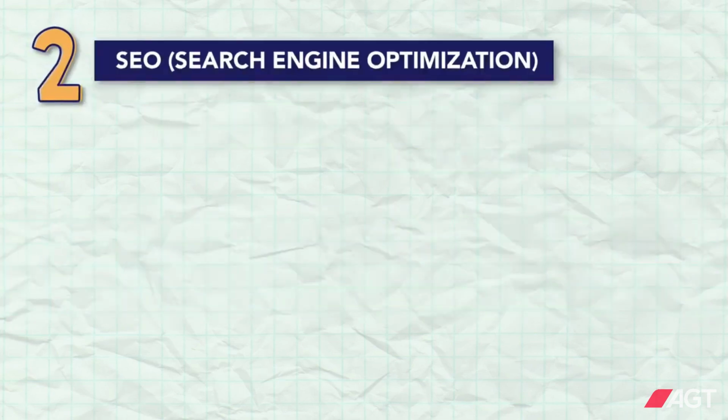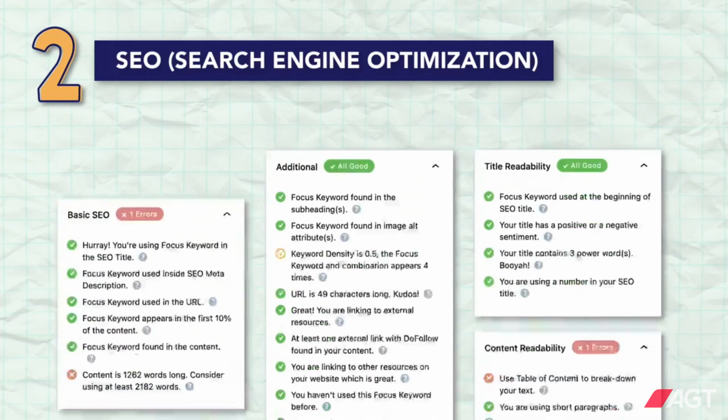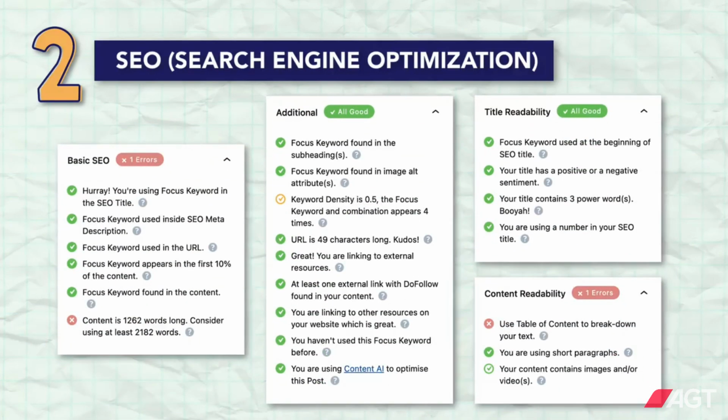Number two is an SEO plugin. This is another really important one. SEO stands for search engine optimization, and it just means optimizing your website to be found in search results. A good SEO plugin will help you make sure that your posts are optimized for SEO.